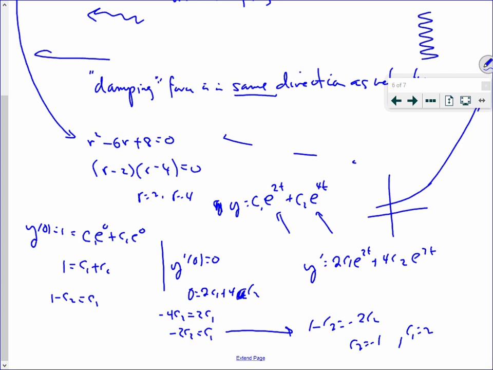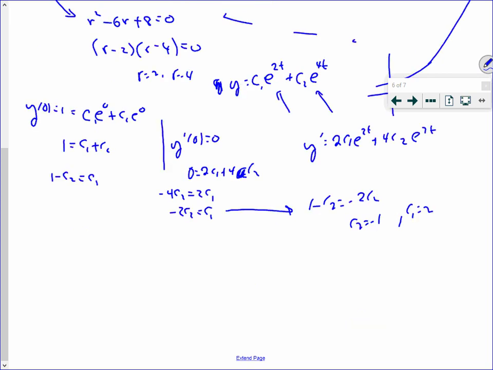Now, I can't pull up the calculator. But if somebody could pull up their calculator and graph y equals 2e^(2t), not 2e, c1 is 2.